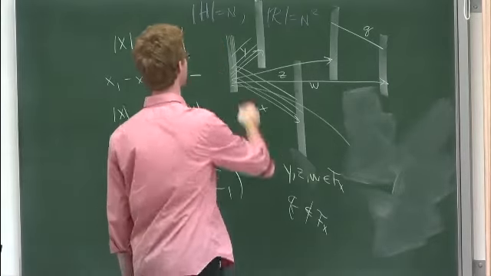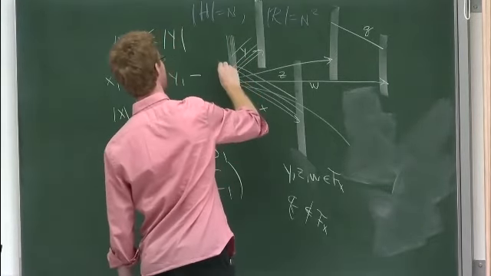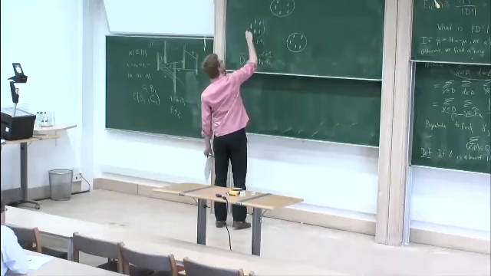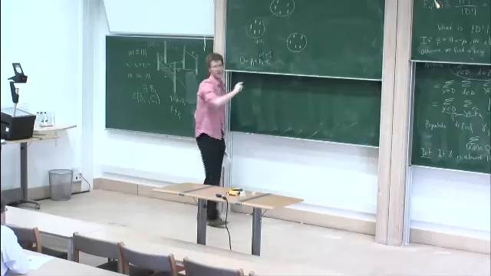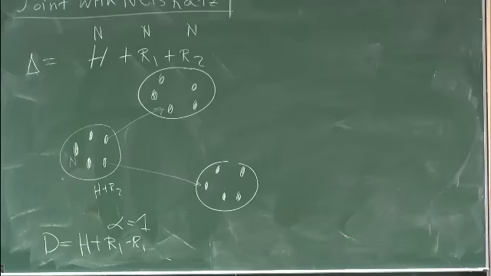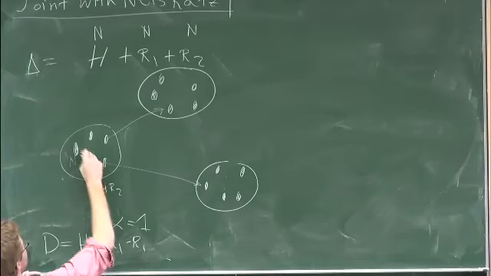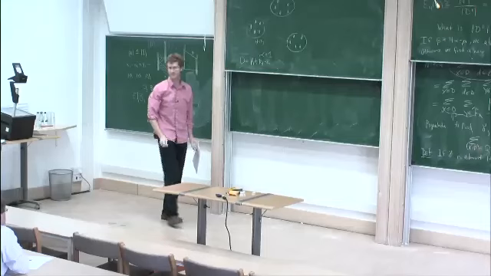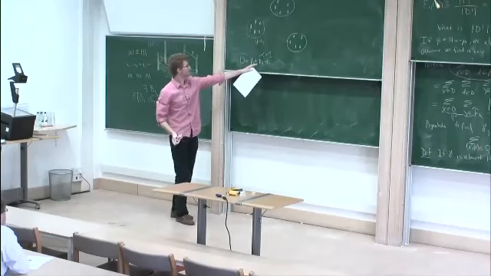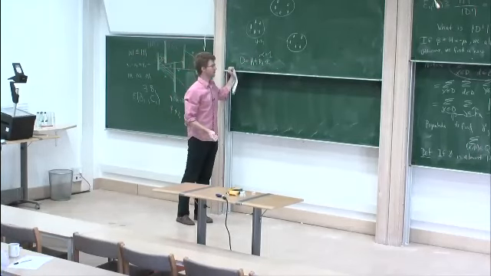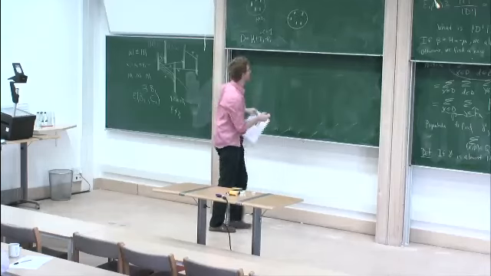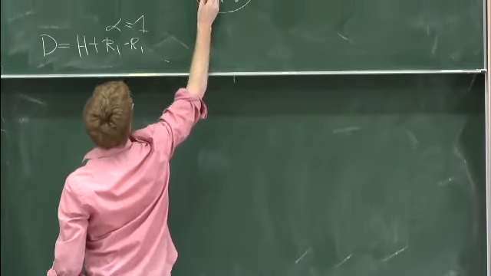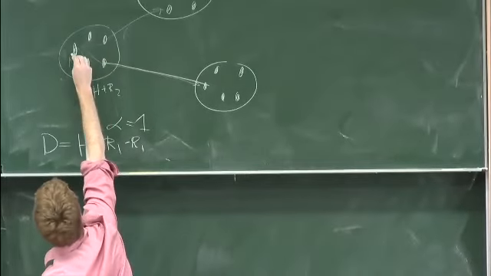So if you'll forgive me, the size of the blocks is not the same, but this guy has size n, and it's been translated around by a set R, and from one perspective, it's been translated around n squared times, and from another perspective, it's been translated around n times here, and then that whole block has been translated around n times by some other set. So if we choose this to be the different set, then alpha equals 1 appears here, because this difference is represented n times n times.